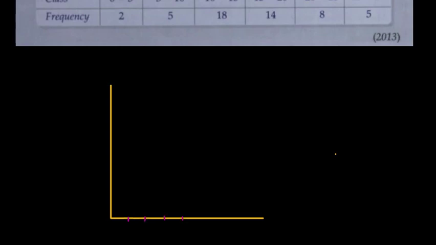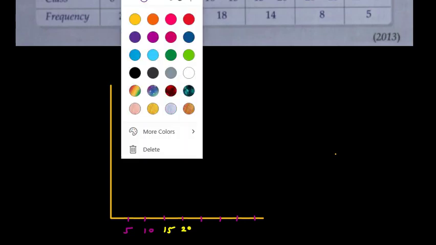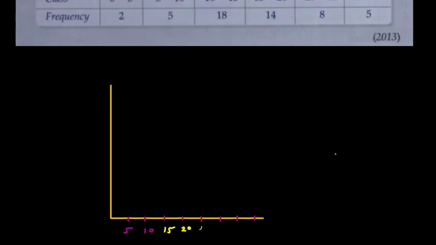Here, I am dividing: say this is 5, then this is 10, then 15, 20, 25, 30, 35, like that along the y-axis.